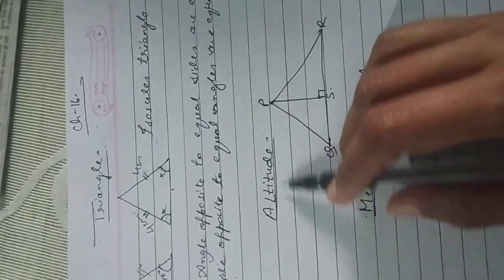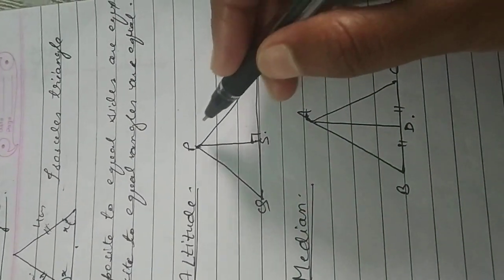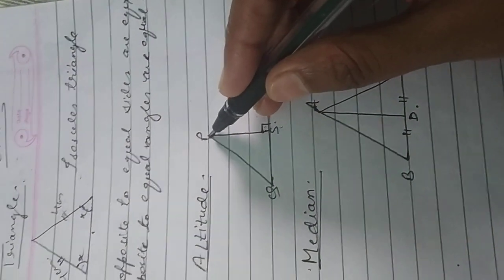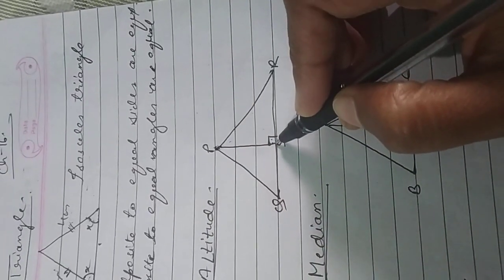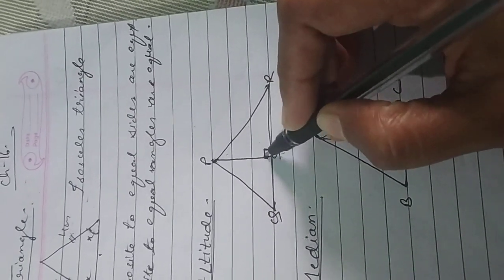Now come to what is an altitude. The altitude of a triangle is the perpendicular drawn from its vertex to the opposite side of the triangle. Perpendicular means what? A straight line which makes 90 degree.